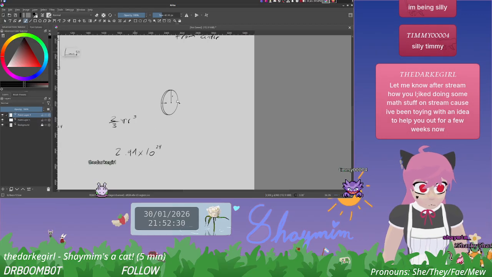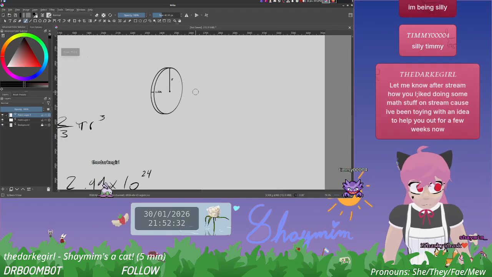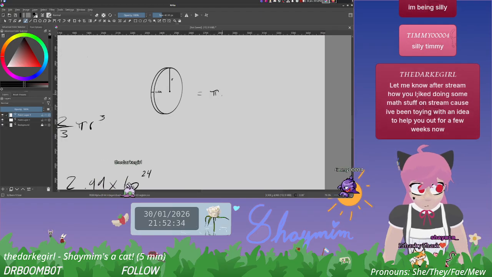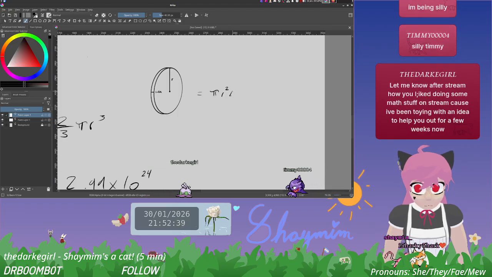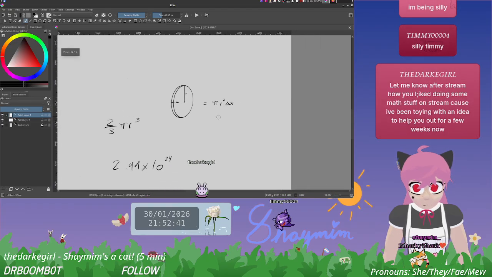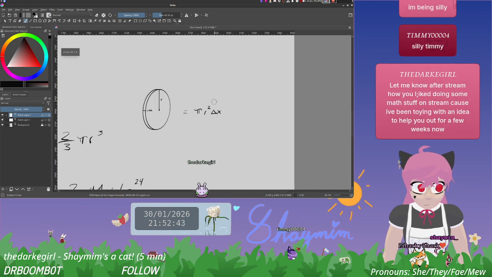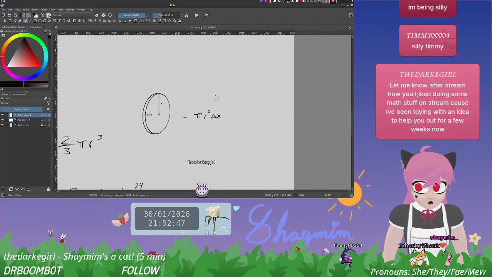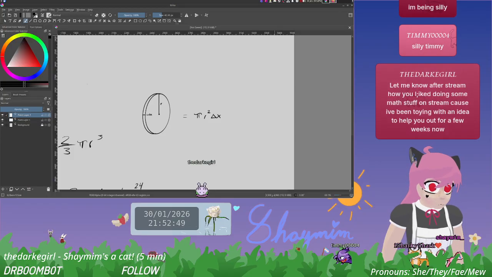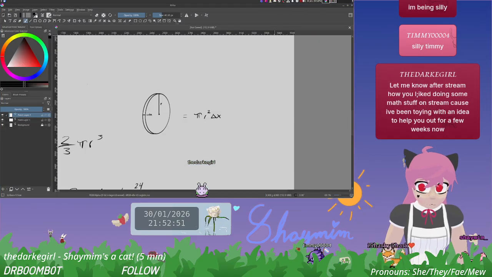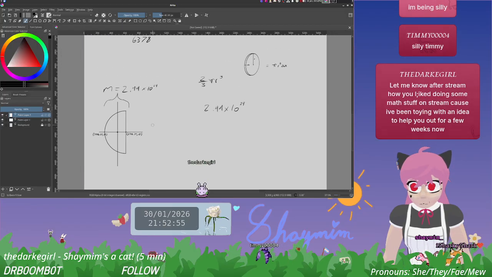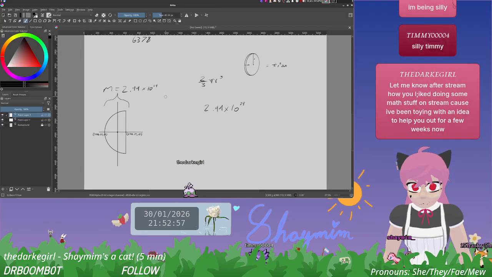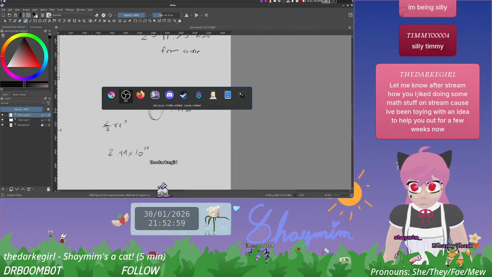When you make it small enough, equals pi r squared. I guess that's still delta x, okay. I guess the radius is what depends on... The radius depends.